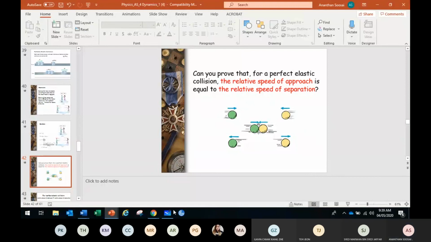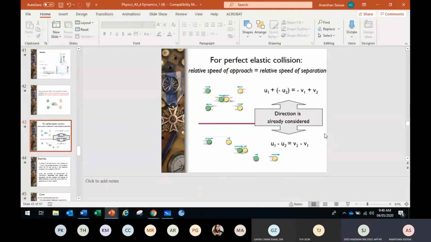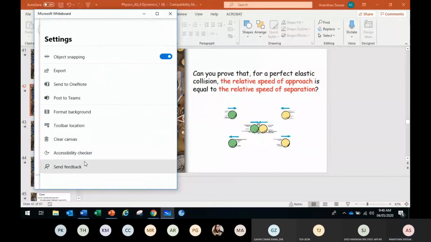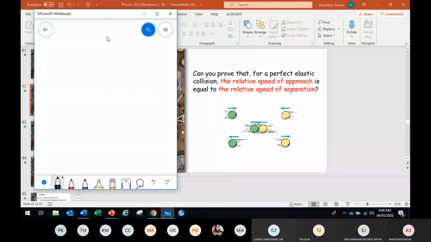What I want you to prove is, only for elastic collision, momentum is what?